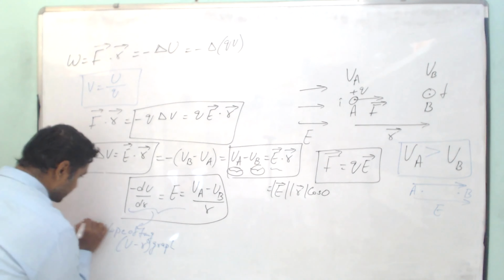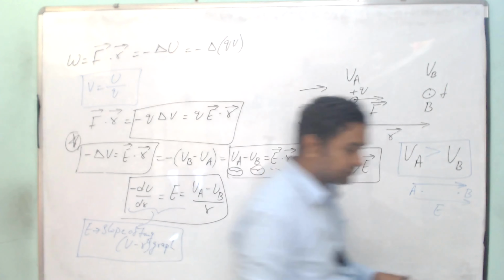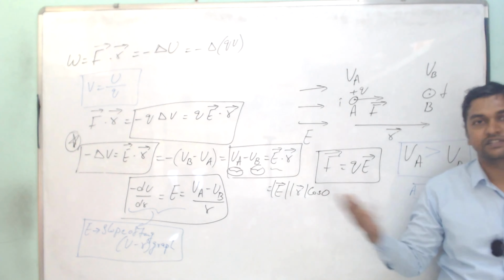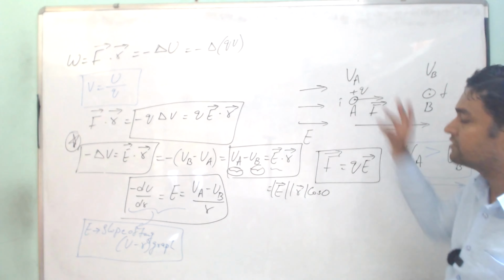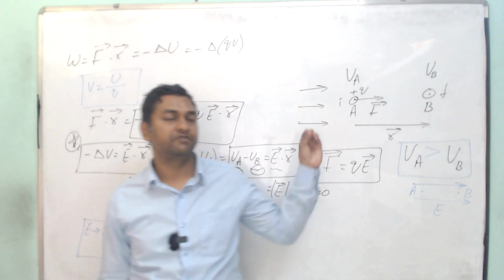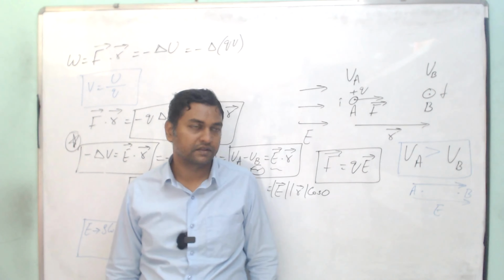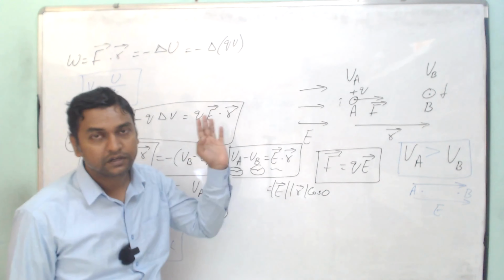Okay, so what we are discussing over here has a lot of expressions. Story is the same. Story is very simple. Leave a charge in an electric field and it will go by itself. Right? Wait. We still have stuff to do here.